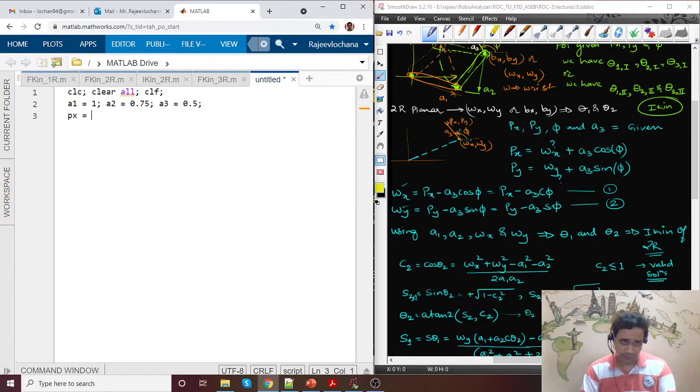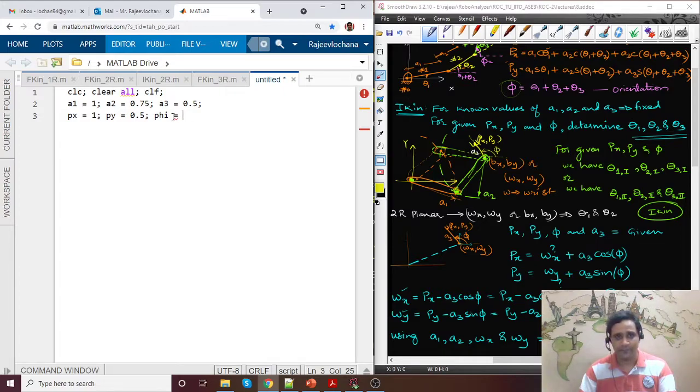We'll call it px. So px, let us give somewhere around 1. py also we can try giving maybe 0.5, and phi corresponding to the phi term. One of the input parameters here, phi.